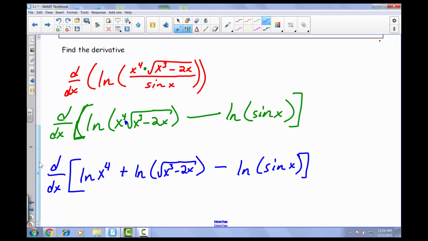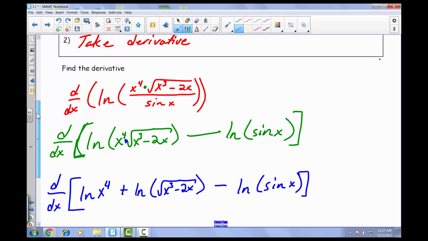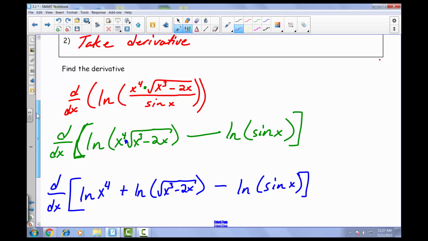So we've expanded just in terms of the product and quotient, but now let's go ahead and maybe just rewrite this square root, because we haven't yet fully expanded this and simplified it as much as possible. We've taken care of the product and the quotient, but we haven't yet expanded this as much as possible.